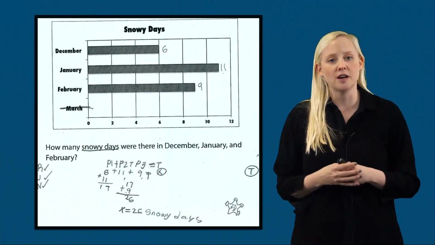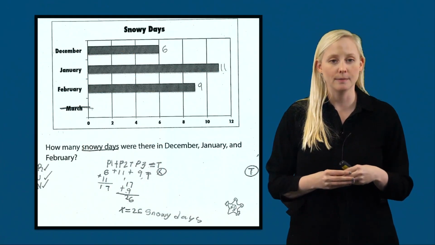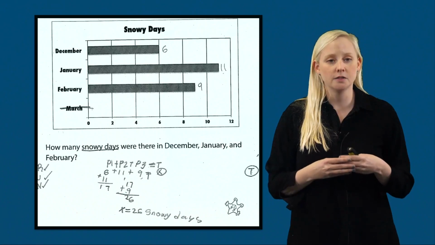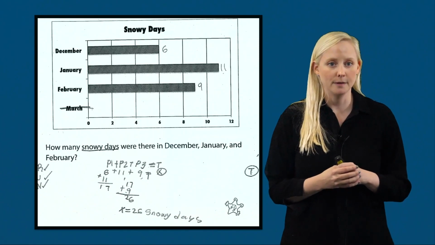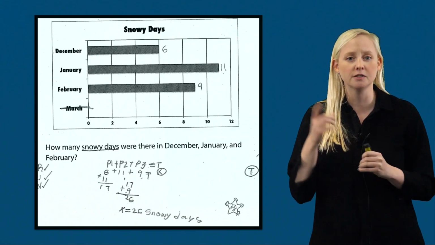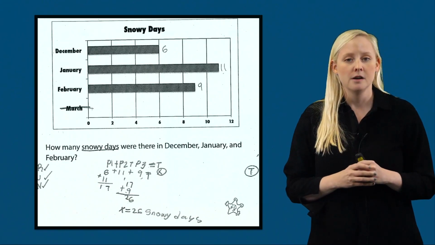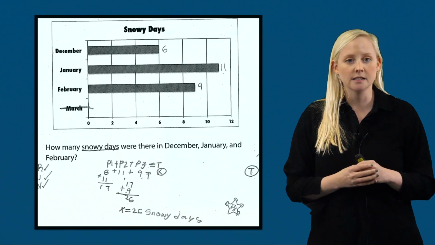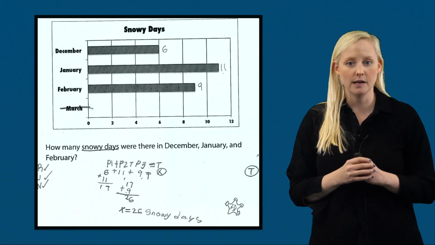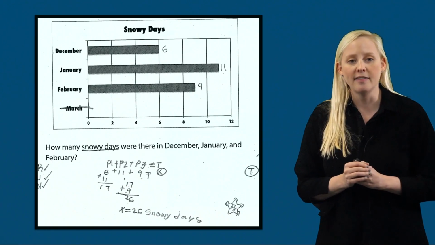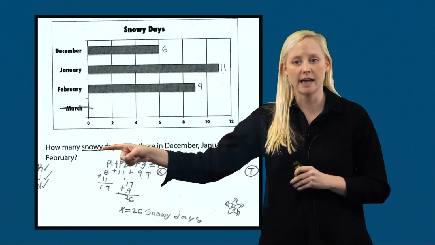Now that we've demonstrated how to solve a 3-part total problem, let's look at an example of student work. Here we see that the student solved a 3-part total problem. Notice at the first, the student numbered the graph. The student identified 6 snowy days in December, 11 in January, and 9 in February. The student underlined the label, snowy days.